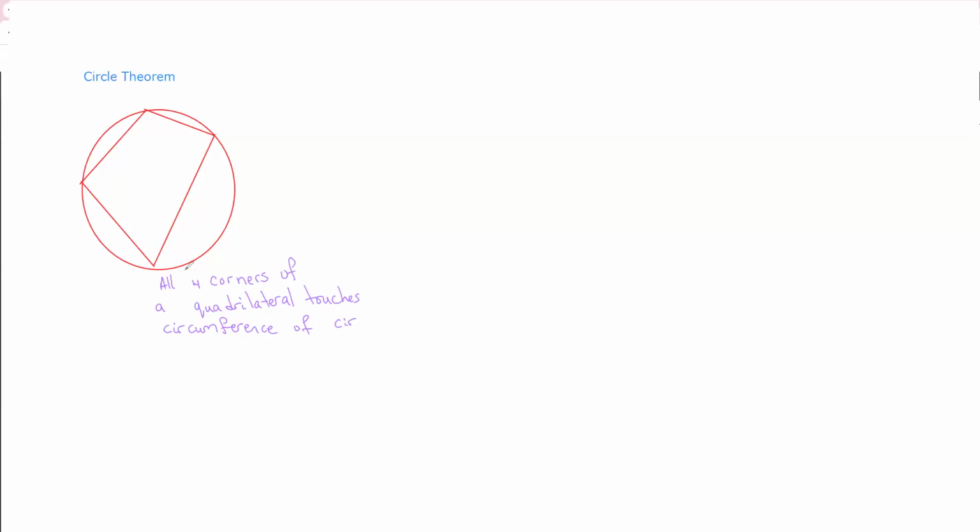If all four are not touching, it is not a cyclic quadrilateral. Let's say you have one like this, and something like this.